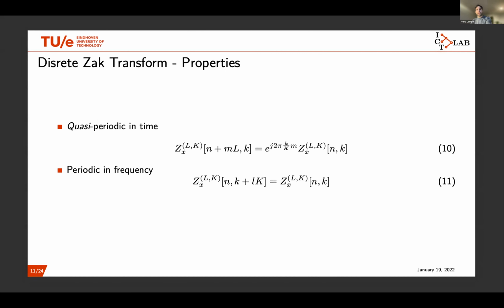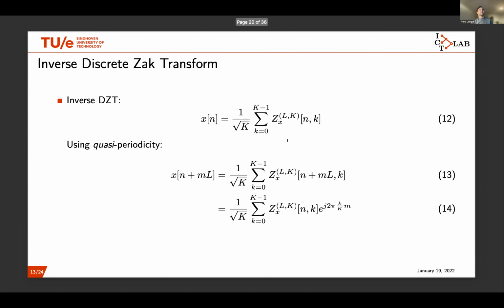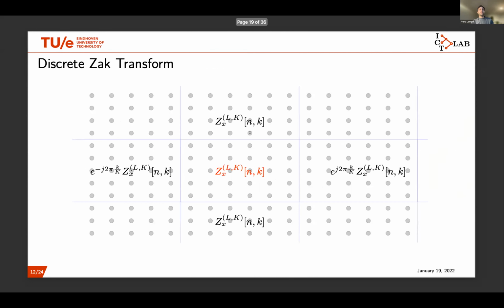This can also be nicely visualized. We're talking about periodic sequences, and here we have this fundamental rectangle. As I said before, it extends quasi-periodically in time.